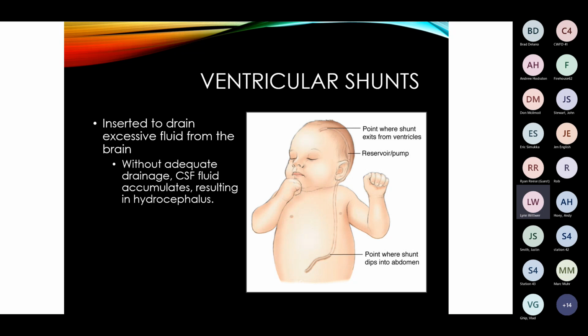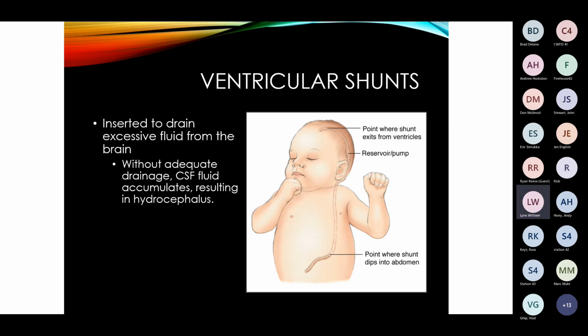Ventricular shunts are put in to relieve internal hydrocephalus. The shunt is put into the ventricles of the brain, and then the tubing exits the skull, goes down subcutaneously along the scalp, down the neck, down on the chest wall itself, then pops into the abdomen where it drains.